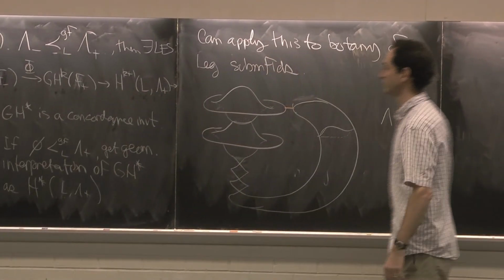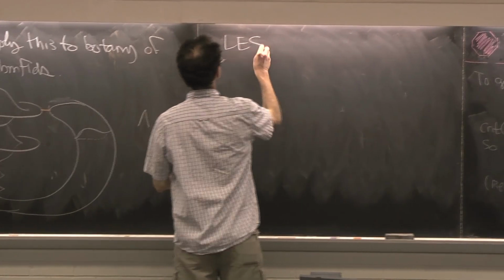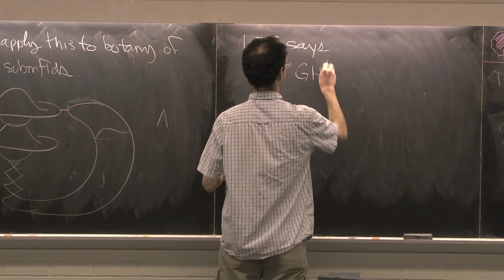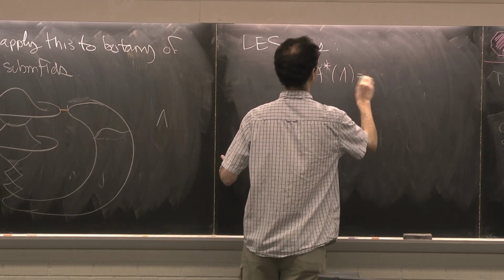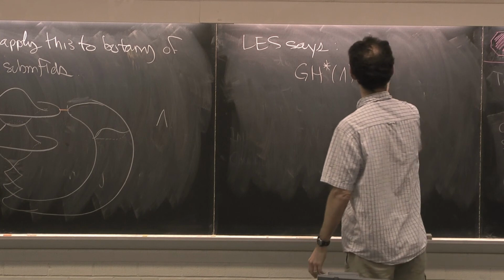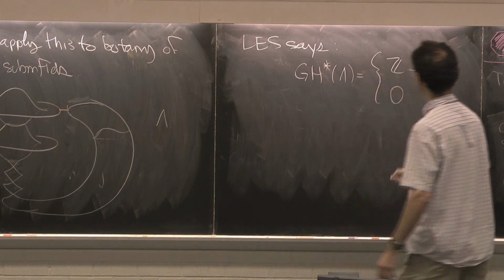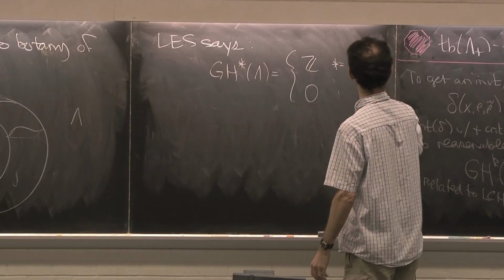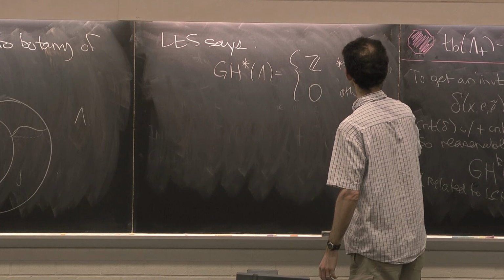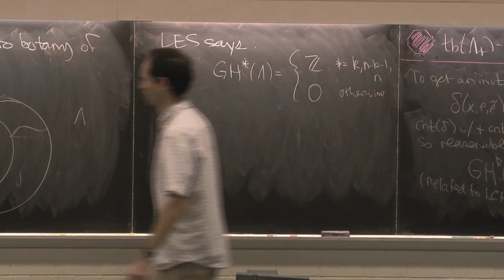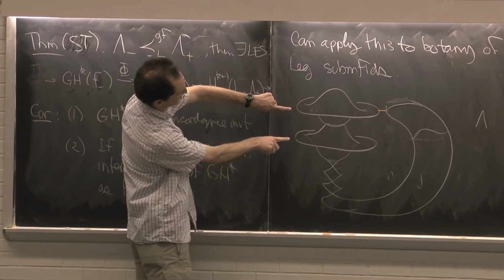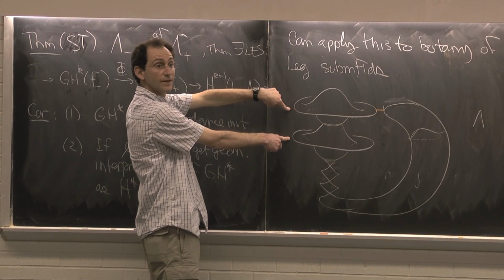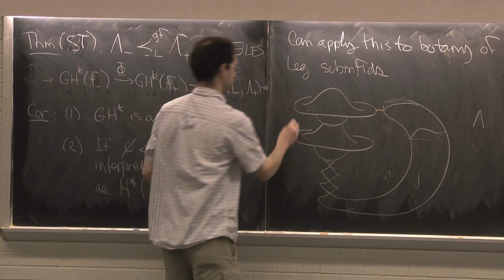This long exact sequence tells me that its generating family cohomology is Z in degree, say, k, n minus k minus 1, and degree n, and degree 0 otherwise. By the way, that k is coming from the difference in the Morse index of the critical points that make up these two components of the Hopf link originally.